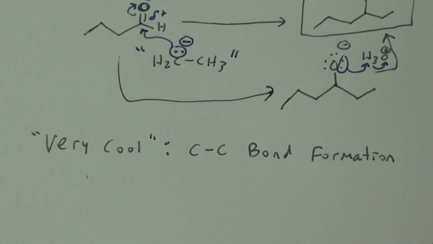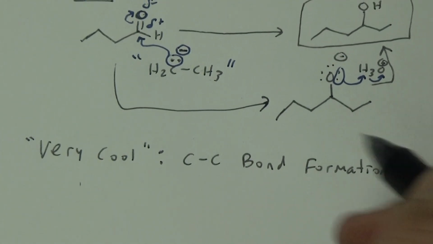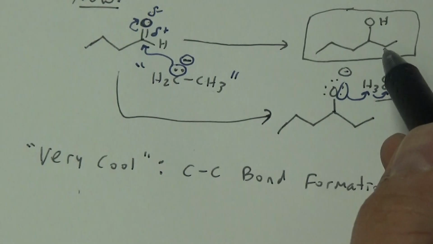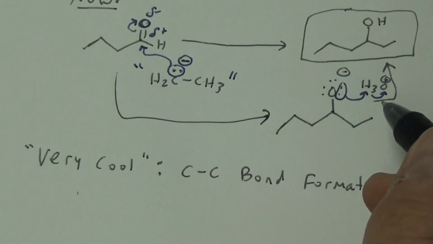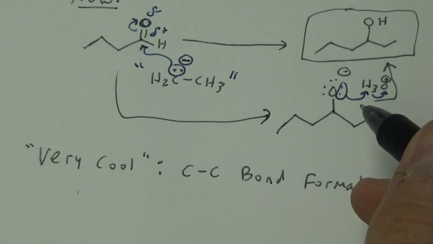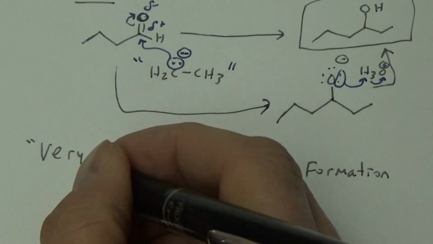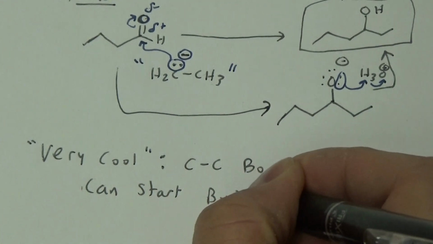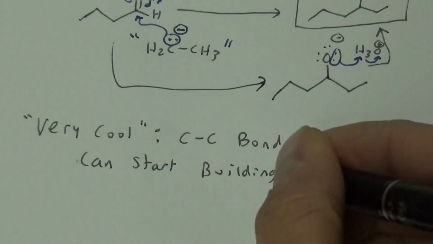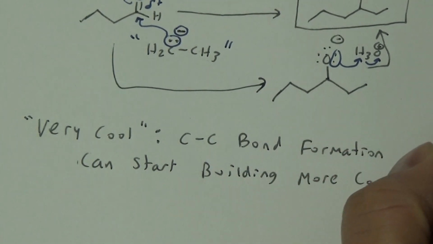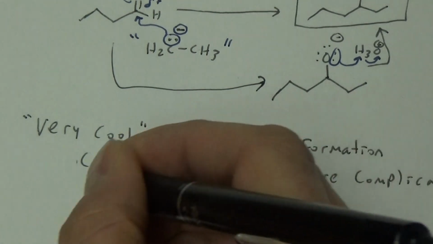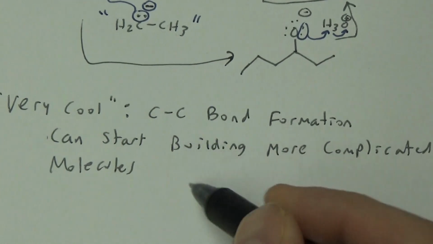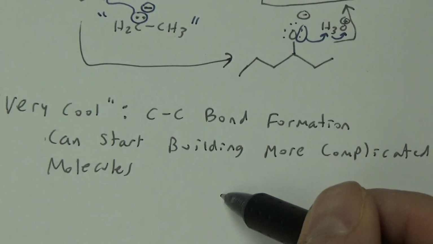And so this gives us the basis to start making more complicated molecules, taking molecule A, molecule B, and making molecule C. Almost the entire basis of Organic 2 will be synthesizing more complicated molecules from less complicated molecules.